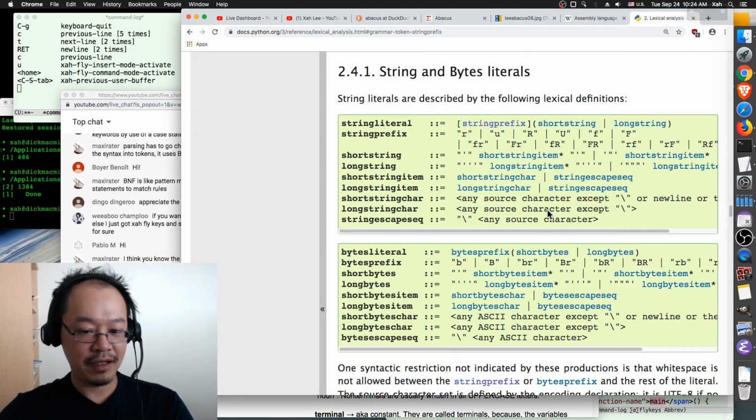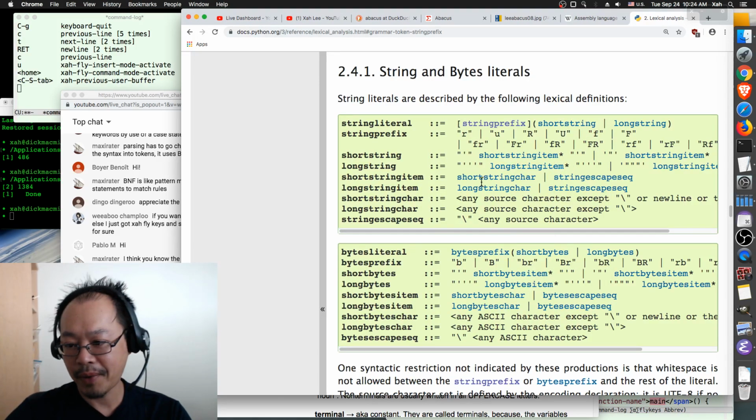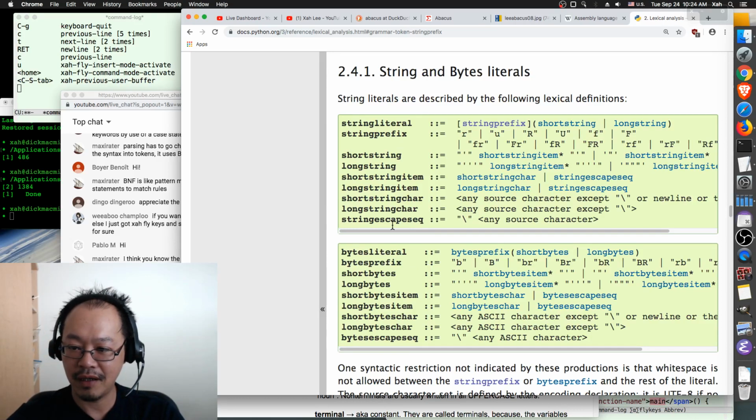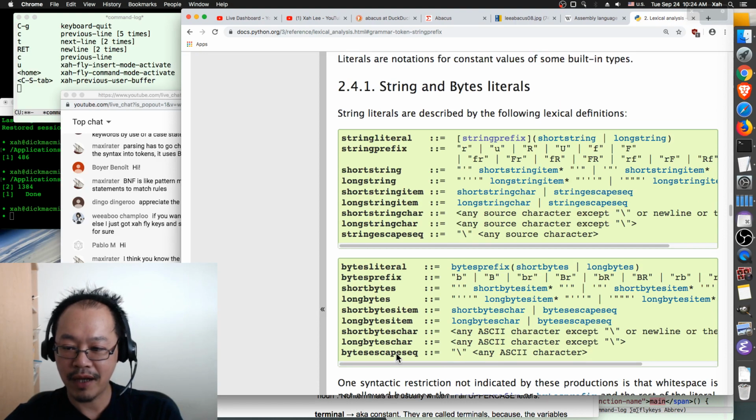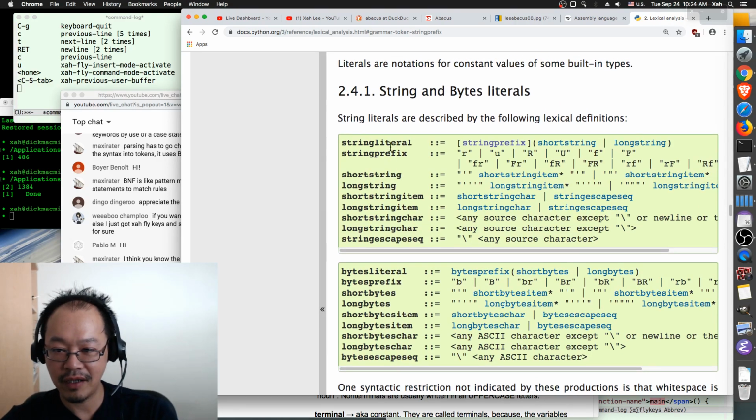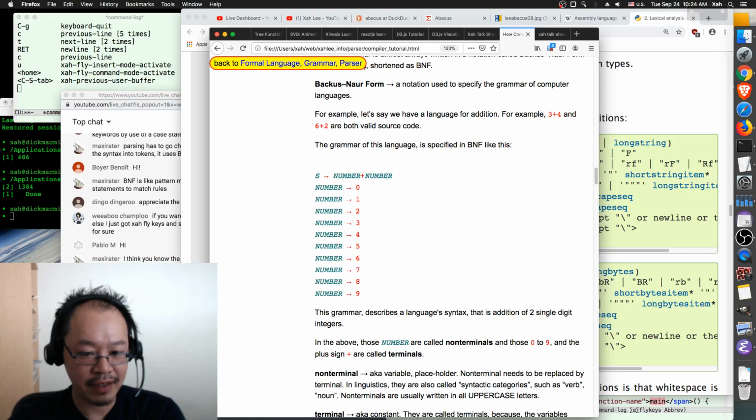In a similar way, the Python grammar: what is Python's first rule? There is a first rule. Let's see. String literal. Anyway, that's about grammar.